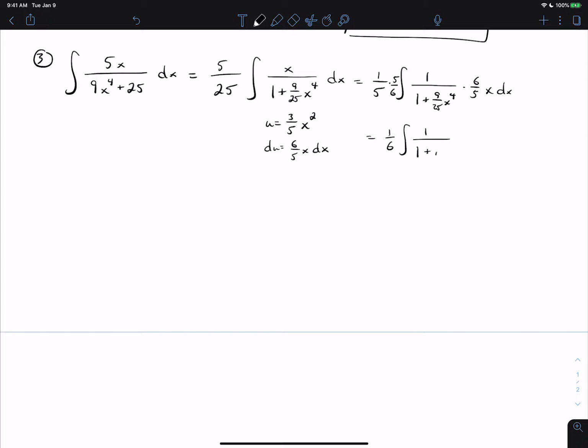This is 1 over 1 plus u squared. And the 6/5 x dx is du. That's now the form that we want. So we get 1/6 inverse tangent of u plus c. That's 1/6 inverse tangent of 3x squared over 5 plus c.